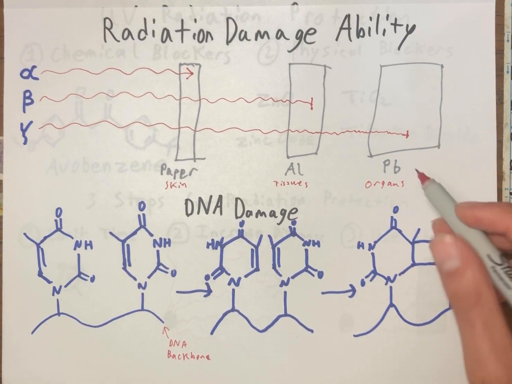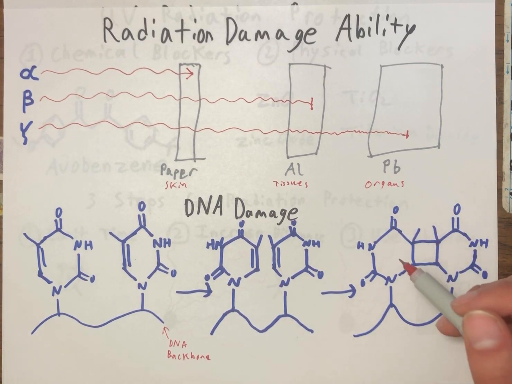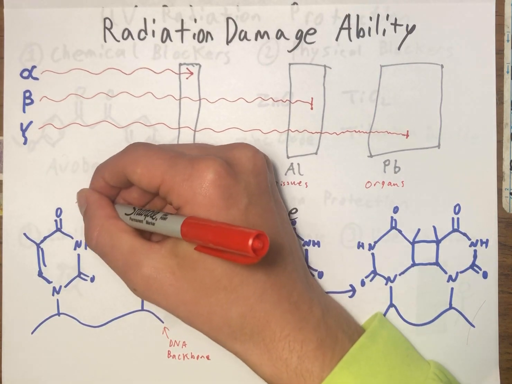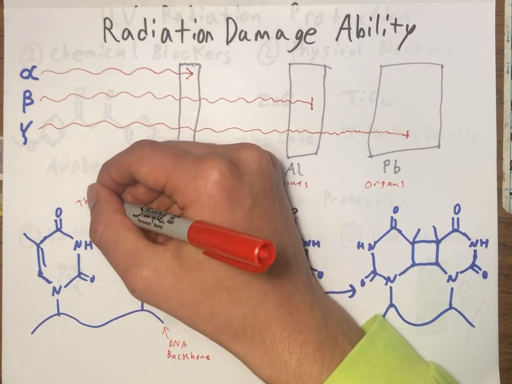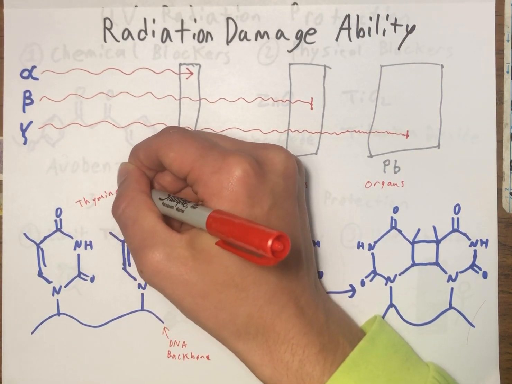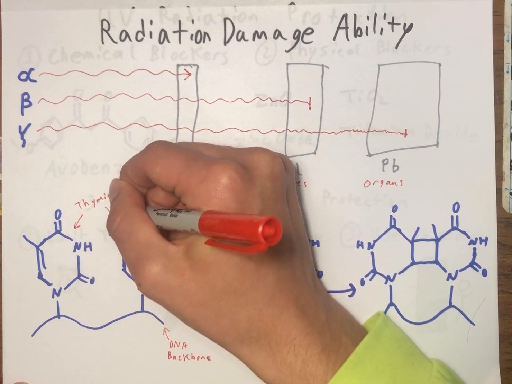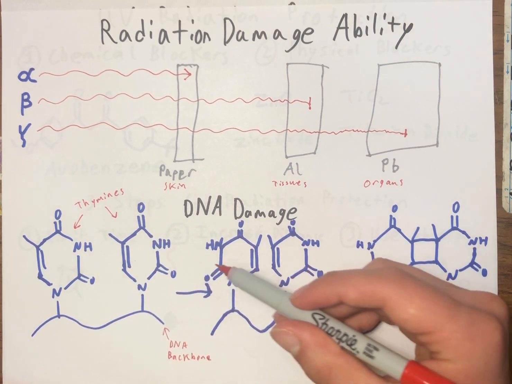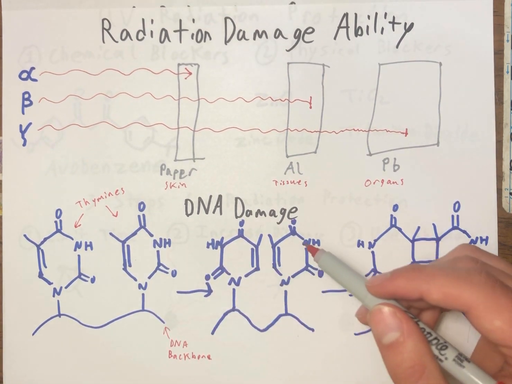Now let's talk about specific damage that can happen. I have here 2 thymine nucleotides on a DNA backbone. Thymine is one of the nucleotides that make up our DNA.